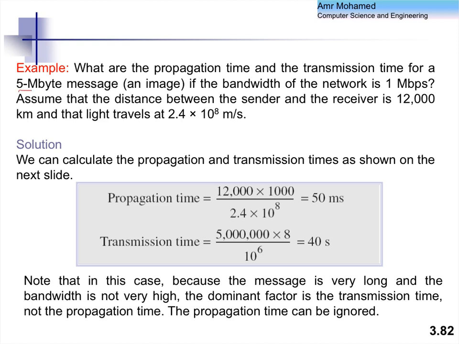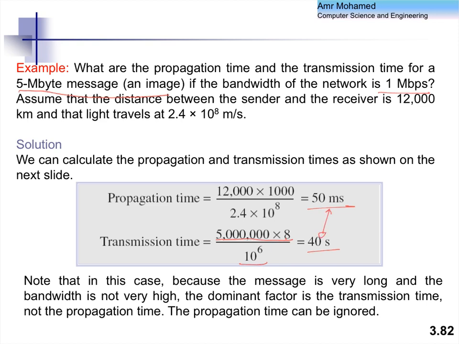So this example talks about that. So if the message length increases, and now we're talking about an image, and the bandwidth decreases. So this 50 millisecond is the same, but now the transmission time is the length of this image, which is 5 times 10 to the power 6 times 8, of course, because we're talking about bytes, divided by 1 megabits per second bandwidth in that case.